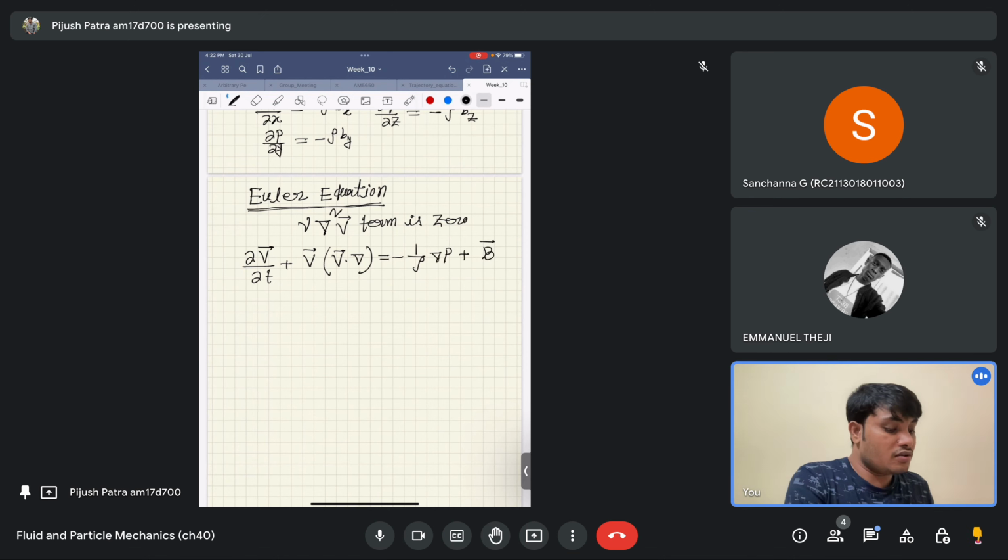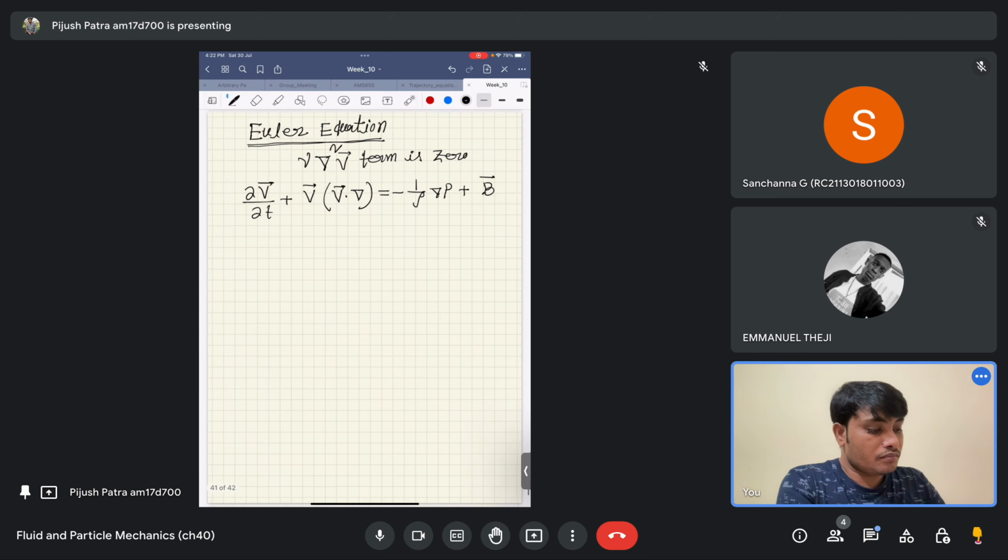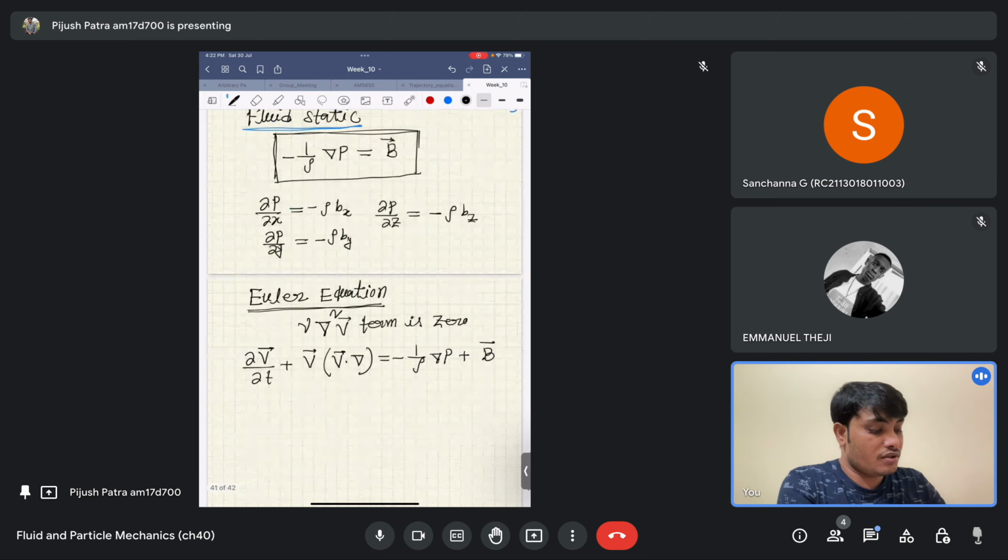There is no effect of viscosity. It's only the body force term, the pressure gradient term, and the acceleration of the fluid, or the inertial term. Okay, and this is the full Navier-Stokes equation without viscosity.